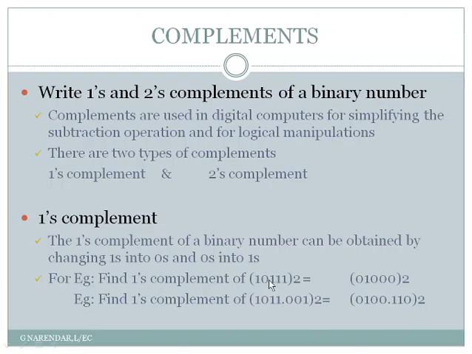According to the concept, wherever you find 1 in the binary number, you replace it with 0, and wherever you find 0, replace it with 1. So 1 becomes 0, 0 becomes 1, and these three ones are replaced with three zeros.